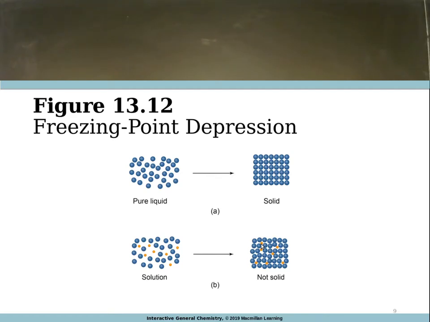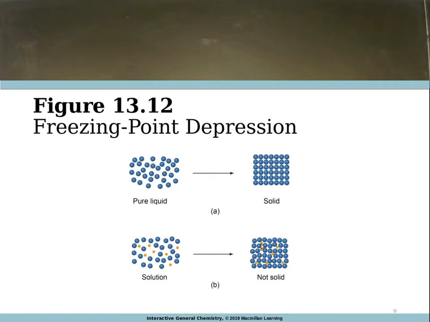Boiling point elevation is a little bit different in the microscopic perspective. The idea is that because you have depressed vapor pressure, then even at your normal boiling point, your vapor pressure will not equal 1 atmosphere, because the solute is taking up those surface positions and preventing some of your solvent from accessing the surface where it can vaporize.